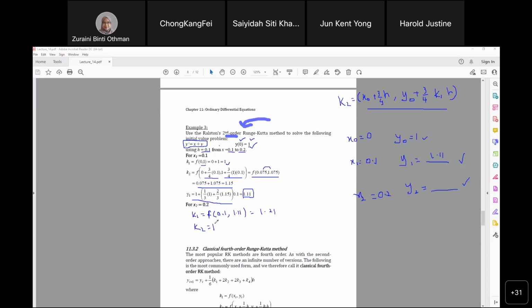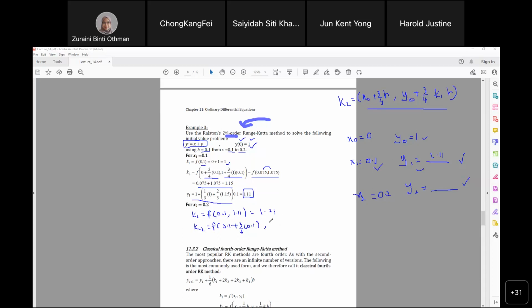Okay, and we can find K2. K2 is F, substitute back into the K2 formula. It is X1. Our X1 is this one, we have to use this value. Our X1 is 0.1 plus 3/4 H, our H is 0.1. Okay, and the other point for Y here is Y1.